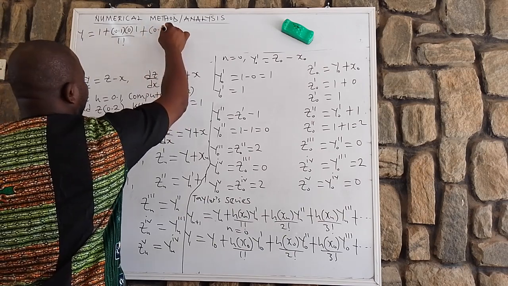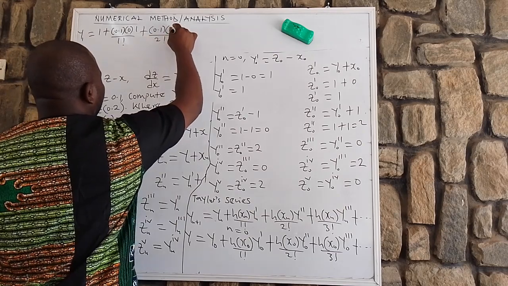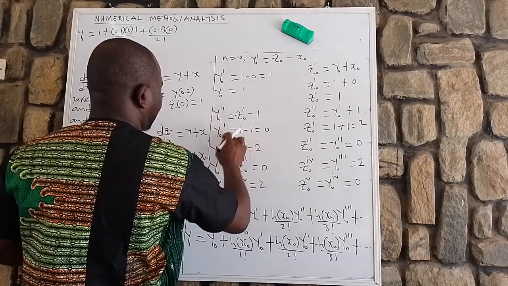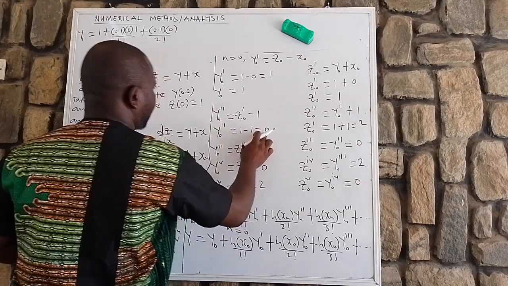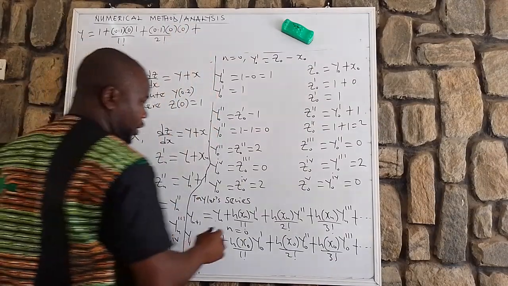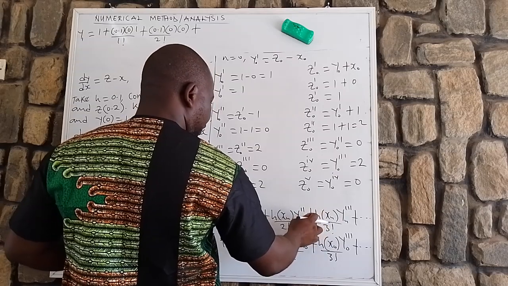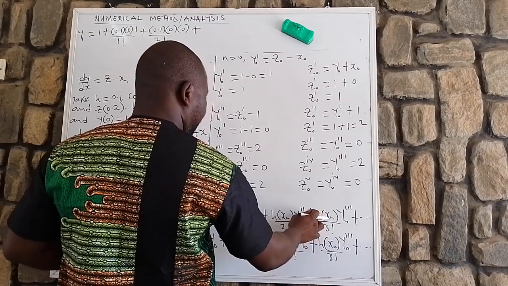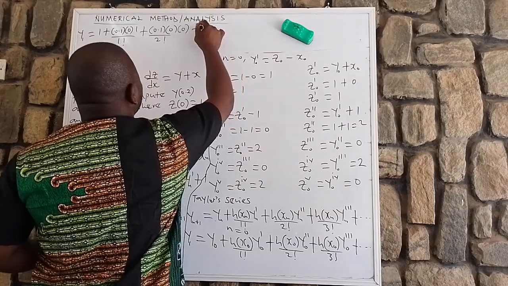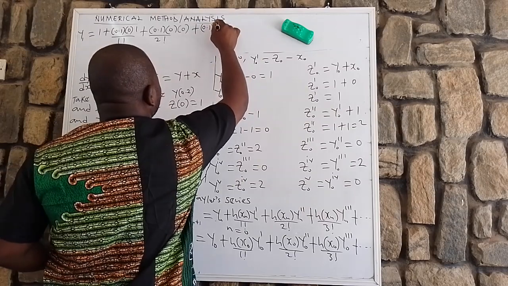Then x naught is 0, all over 2 factorial times y prime prime naught. Our y prime prime naught is 0, isn't it? Times 0, plus the same thing applicable here. You agree with me? Our h is 0.1 times x naught, which is 0.